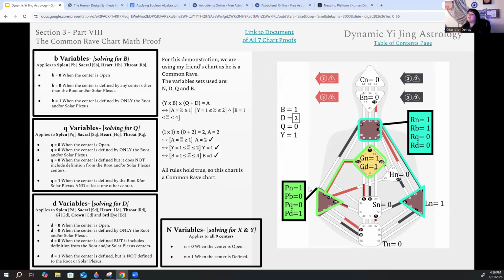All chakras can have an N value or not. And then this blank can have three additional values: PB, PQ, or PD. If it has a PB, PQ, or PD, it can only have one of these three. And if it does, then it's also defined. So the N just looks for the definition, and then this looks for being defined under three different circumstances.